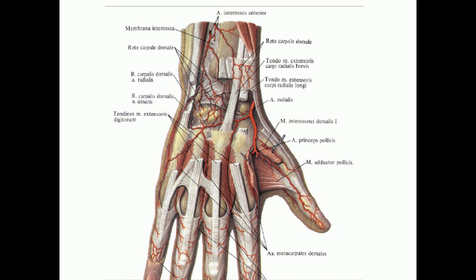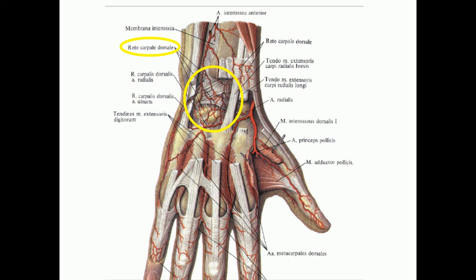You can recognize that this is the dorsal surface of the right hand. Do you agree? And rete carpi dorsale we can find here. Do you see that all the ligaments and all the tendons of the muscles here were removed?